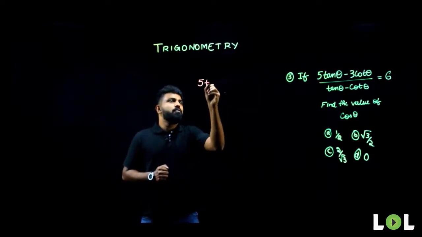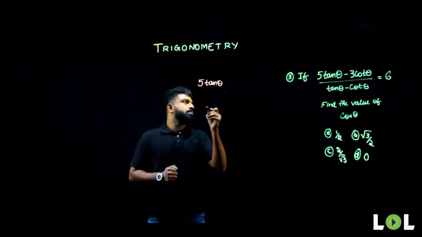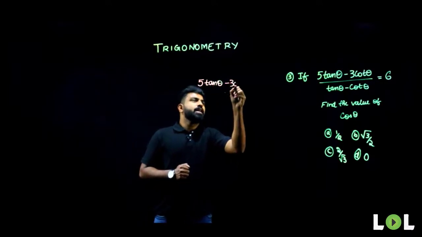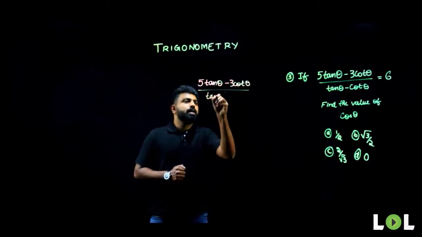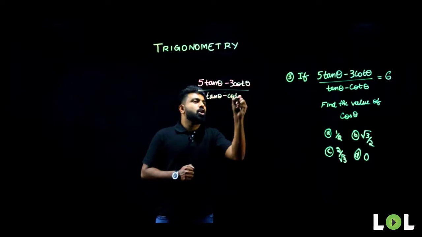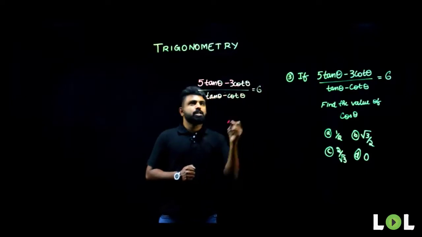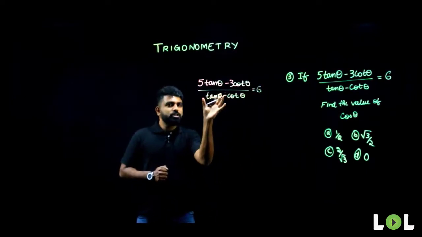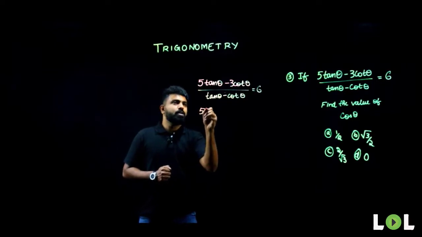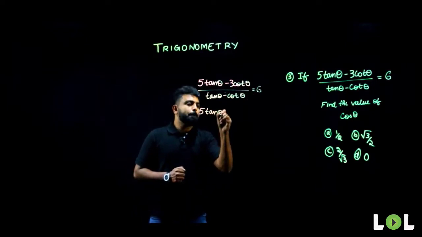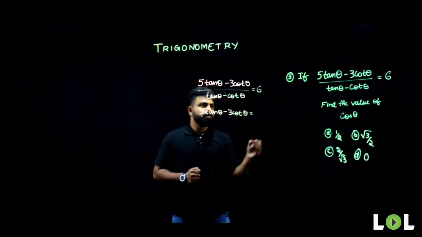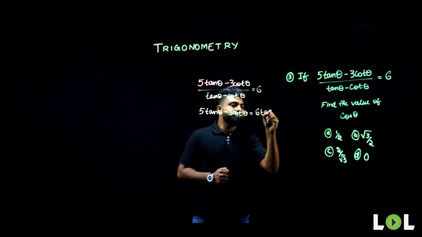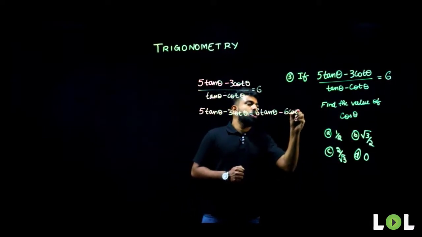What do we get? 5 tan theta minus 3 cot theta divided by tan theta minus cot theta will be equal to 6. So if I take this tan theta minus cot theta to the other side, what will I be left with? 5 tan theta minus 3 cot theta will be equal to 6 tan theta minus 6 cot theta.